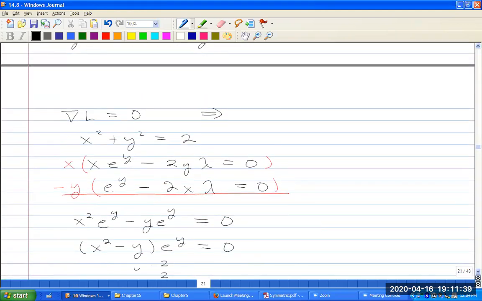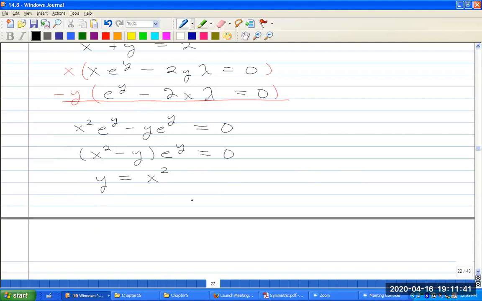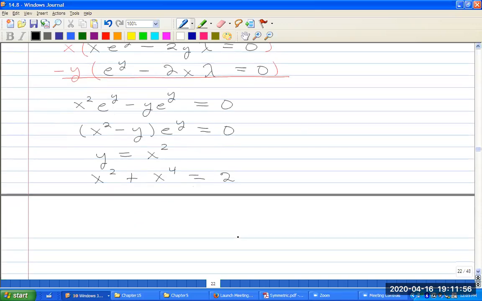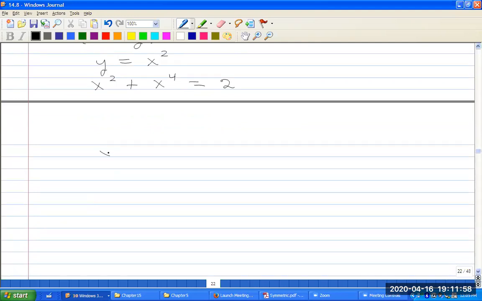So if y is x squared, I also had this condition here: x squared plus y squared is 2. So this says x squared plus x to the 4th is 2. And so I have x to the 4th plus x squared minus 2 is 0. I can factor this.